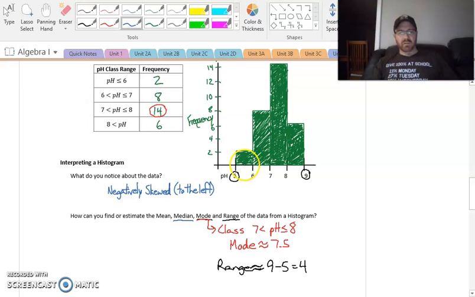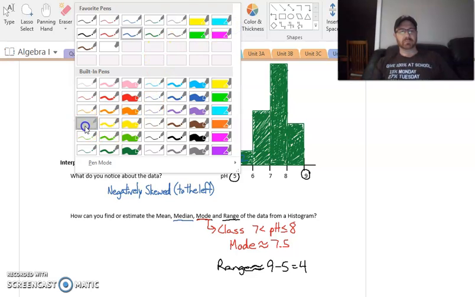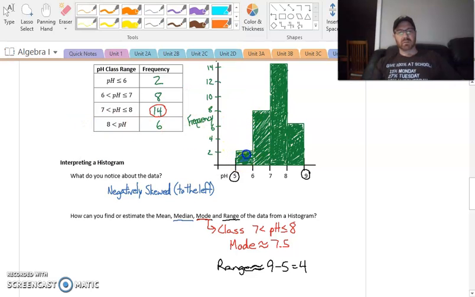So if you wanted to look on your histogram, let me use a different color so we can see it a little better. We have 2 here. We have 8 here. And then we need the 15th and the 16th. So we have 10, 12, 14. Here's the 15th, and the 16th would be there and there.